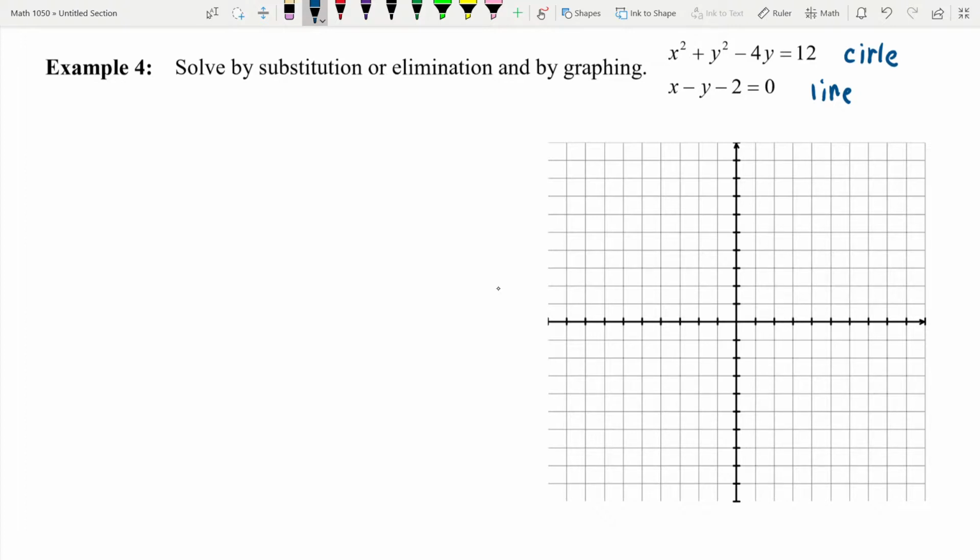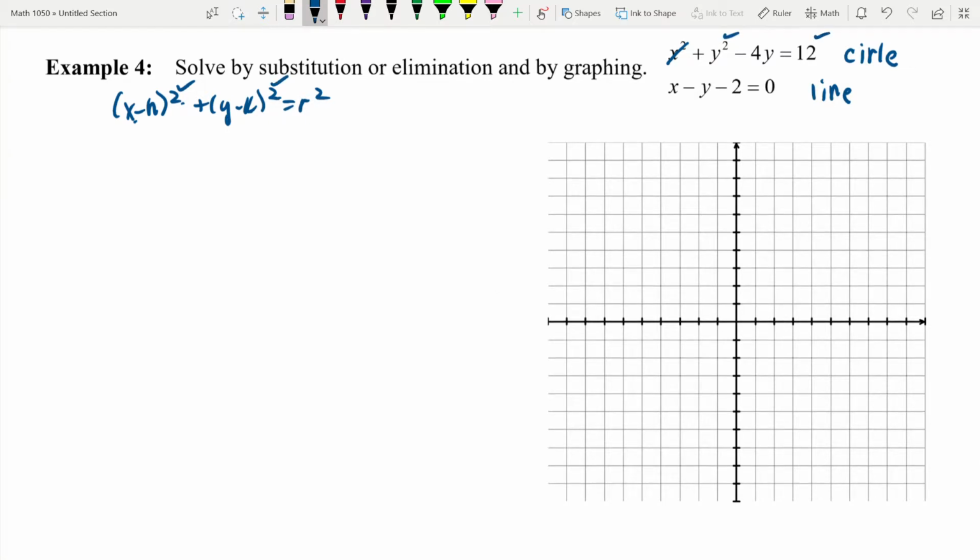This right here, this circle, is supposed to look like this: x minus h squared plus y minus k squared is equal to the radius squared. Well, we've got the x squared, so this is really this. We've got the y squared. So this guy right here is really this right here.